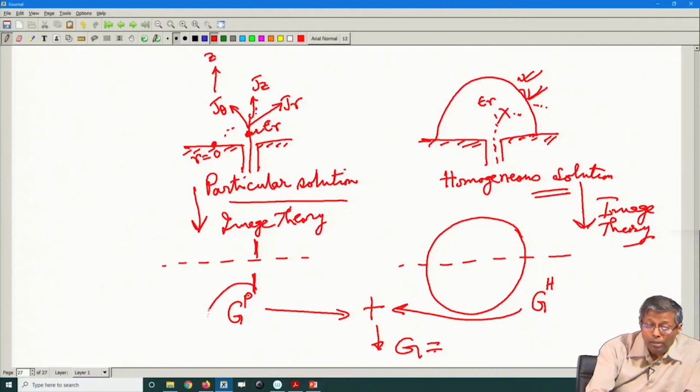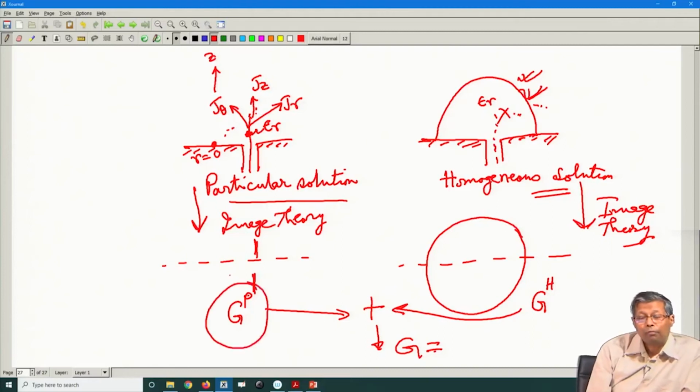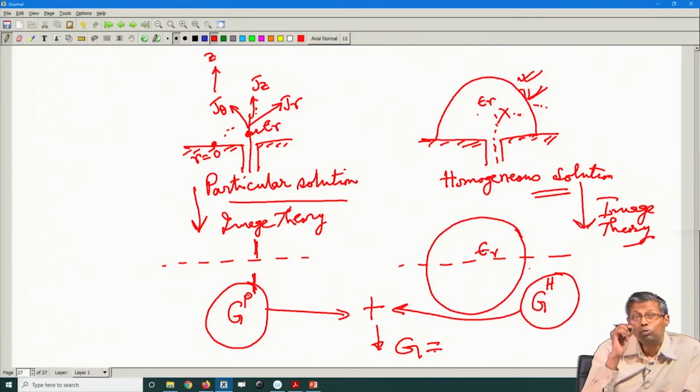That information is in GP. I remove the probe, I cast away the probe, have the dielectric resonator only present, and again the response is contained in this term GH, but I still do not know the current on this probe.